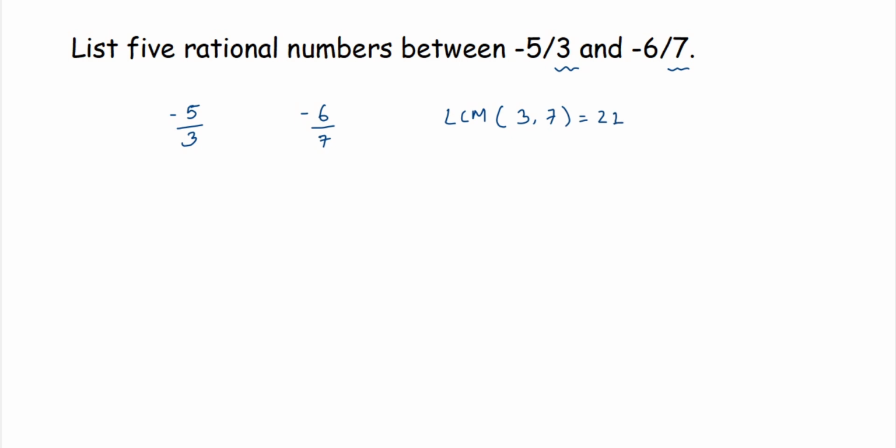Now using this, we can find the rational numbers. So let's see how. So we got the LCM, so let's rewrite this. LCM of 3 and 7 is 21.